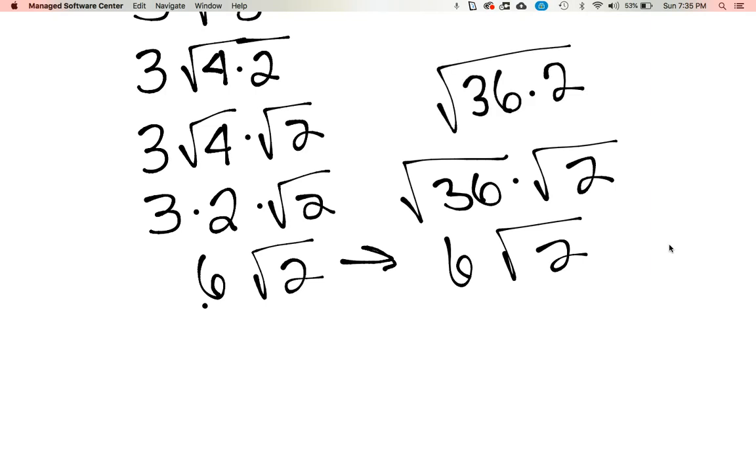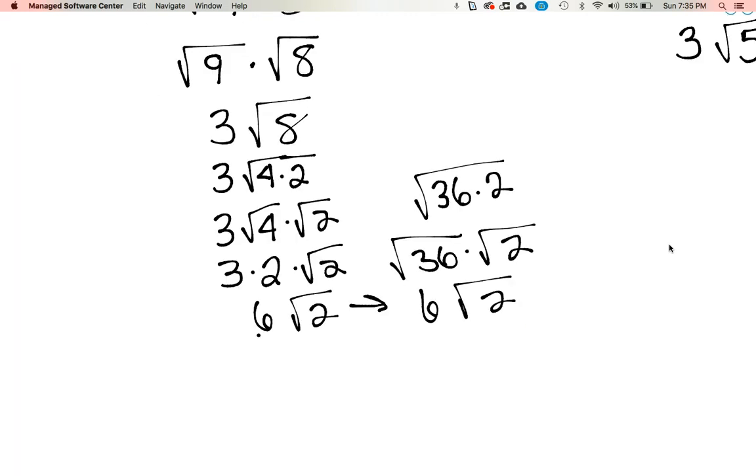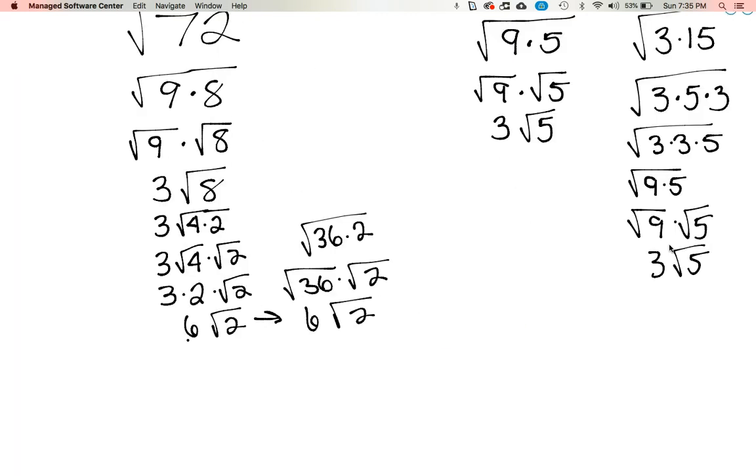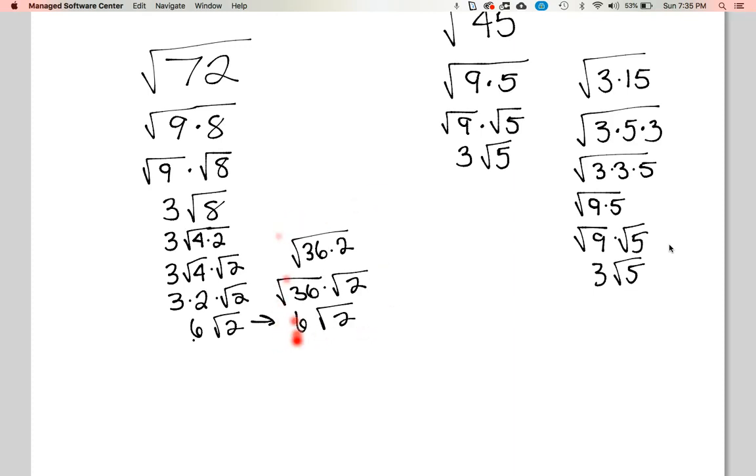So I should have done 36 times 2 from the beginning. The bigger the perfect square that you can take out from the beginning, the faster the process will be. So we could have done this in 3 steps. Who knows? If you skip this step, you might be able to do it in 1 step.